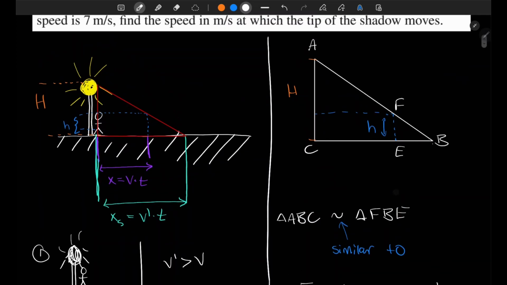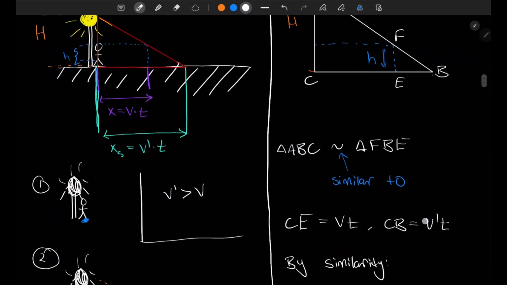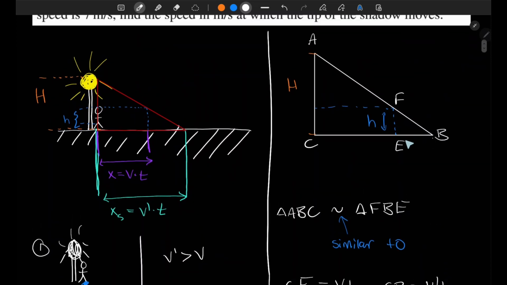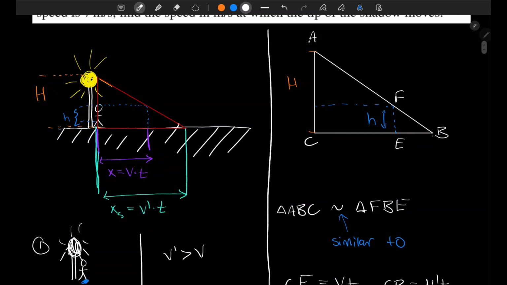Since ABC, this triangle, is similar to this smaller triangle, if we compare the two bottom lengths of the triangles, so CE and EB, these two side lengths, that ratio will be the same as the ratio of the two hypotenuses. And it's also the ratio of the two heights.